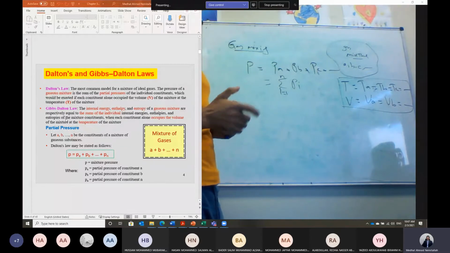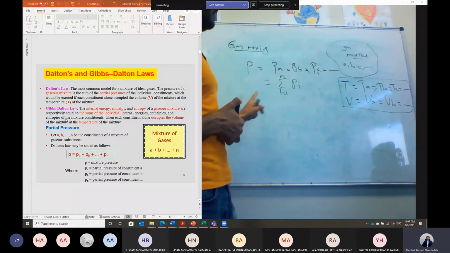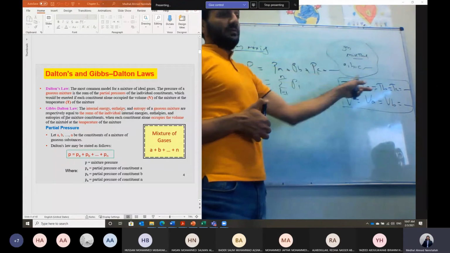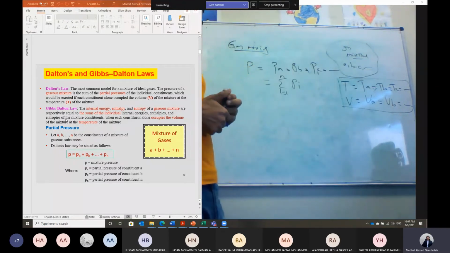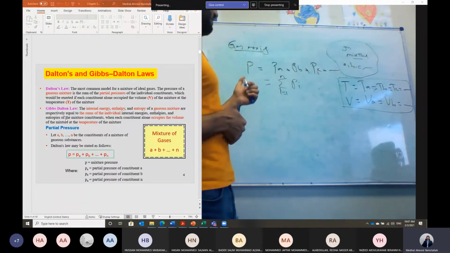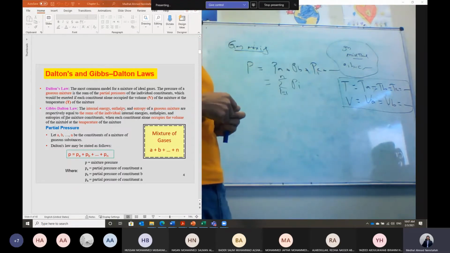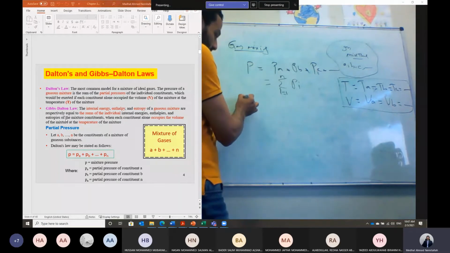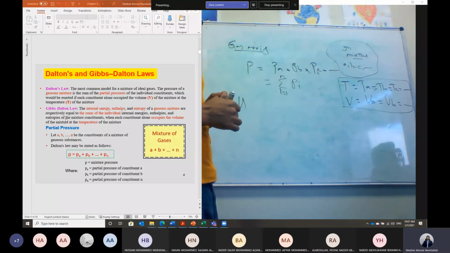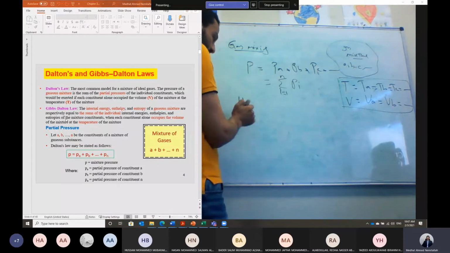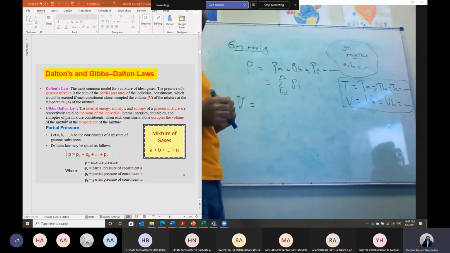Okay. To calculate the properties of this gas mixture, we have two ways: either the mass analysis or the volumetric analysis. But before I talk about mass analysis and volumetric analysis, suppose I need to calculate the total energy of this gas mixture.